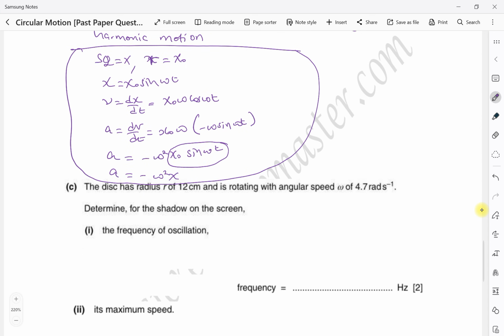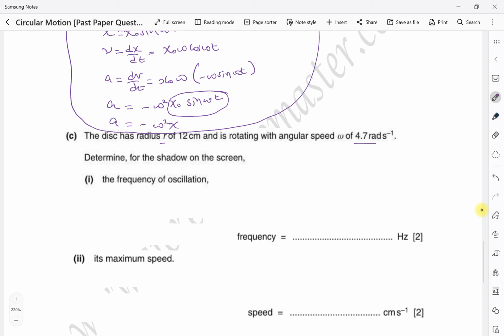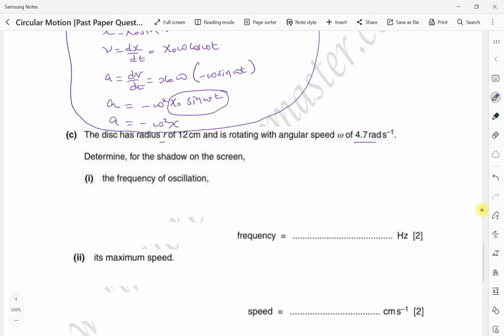The disk has radius r of 12 centimeters and is rotating with angular speed omega 4.7 radians per second. Determine for the shadow on the screen the frequency of oscillation. So we know that omega is equal to 2 pi over T, which is 2 pi f.